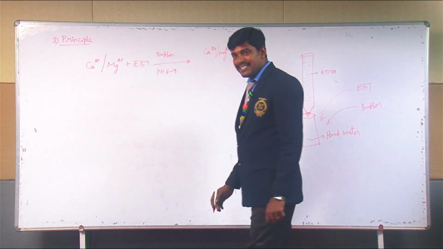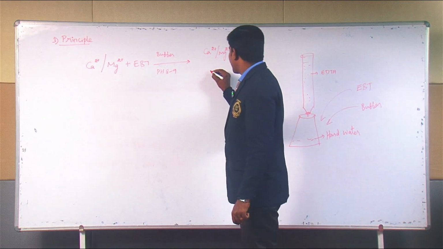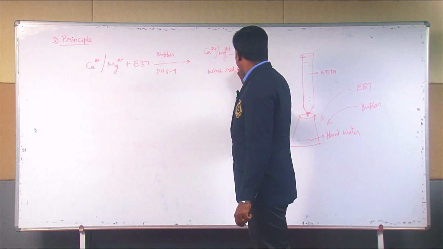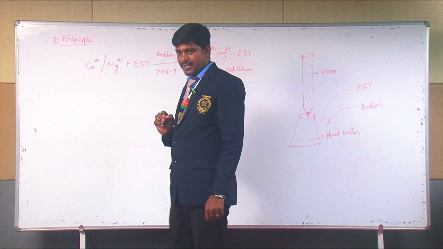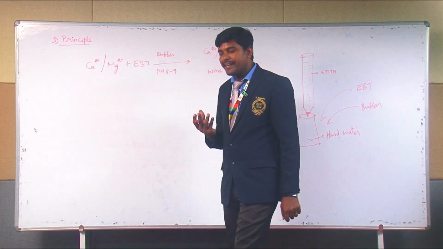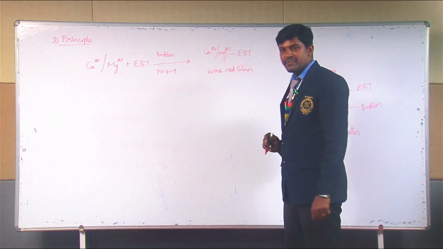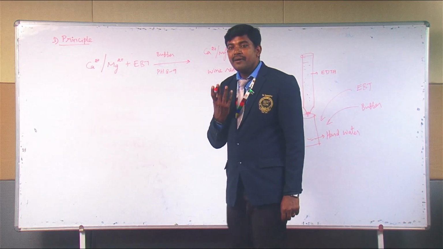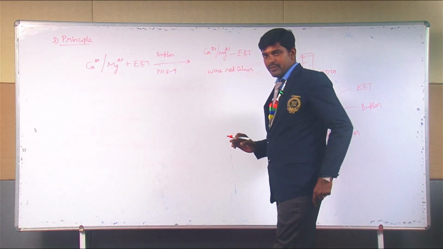After adding the indicator, it looks wine red in color. The original color of EBT is steel blue, but when the EBT is added to the hard water, which contains calcium and magnesium salts, it combines and forms a weak complex.